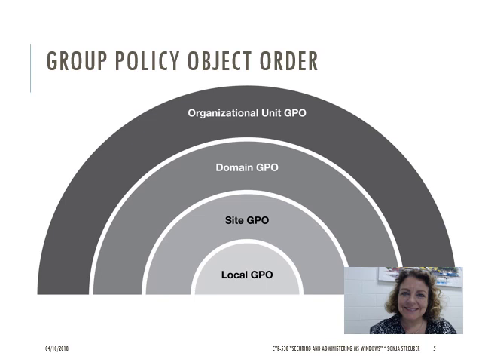This means that any setting in a higher level GPO will override a lower level GPO setting. For example, a setting in a domain GPO will override a conflicting setting in a local GPO. This behavior applies only, though, if a GPO setting contains a specific value.